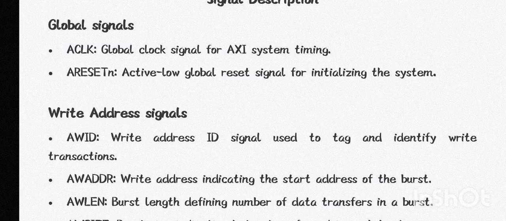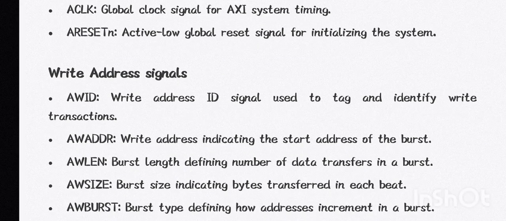AWLOCK is the lock signal indicating atomic lock transaction type. AWCACHE is the memory type signal defining caching and buffering behavior. AWPROT is the protection signal indicating privilege, security and access type.